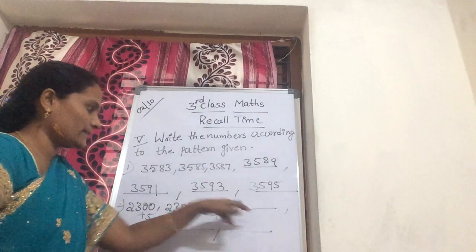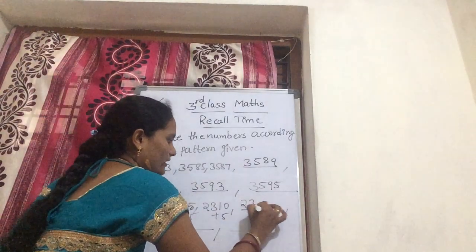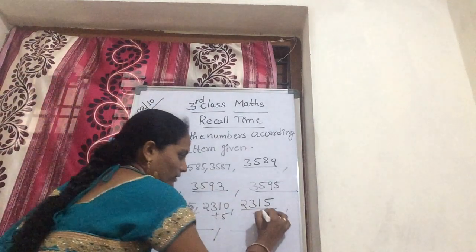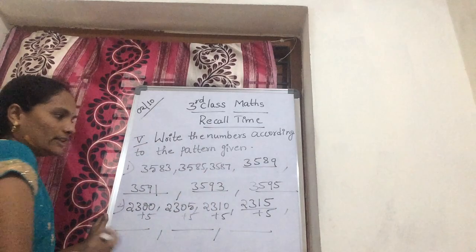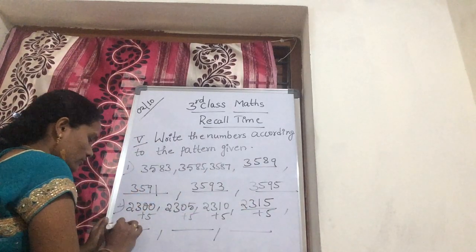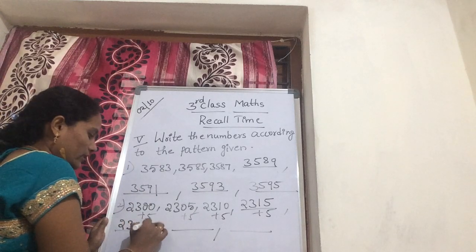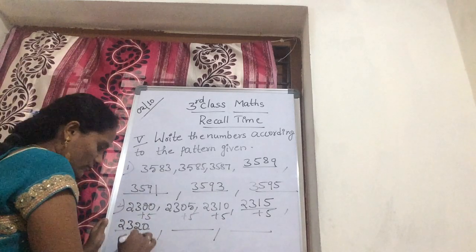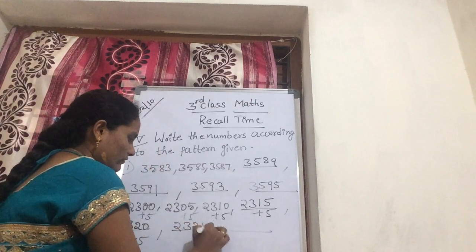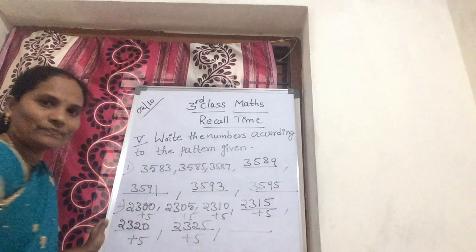Which number do you get? 2315. Again you need this number. You add 5 to this, you get the next number. 2315 plus 5, what do you get? 2320. Now next again you add plus 5. So you get 2325. Every time in this one you add plus 5.